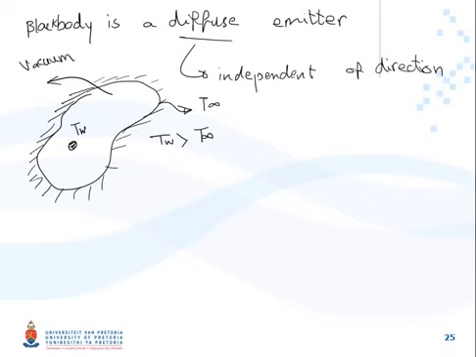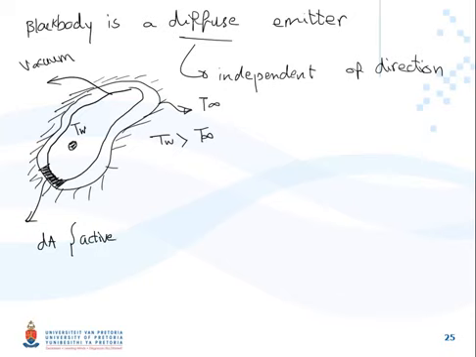But we just want to add one more assumption. In this assumption, I'm going to say that if this is the inside of the enclosure, just a small area of the inside wall of the enclosure, which is called dA, is radiatively active.